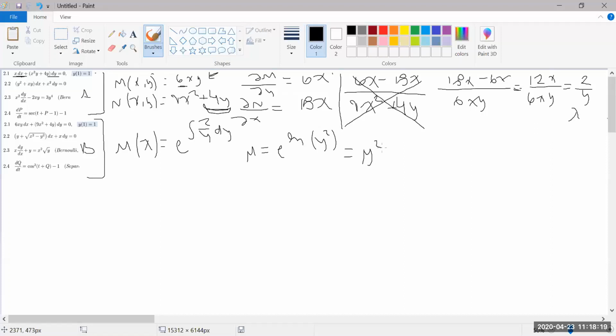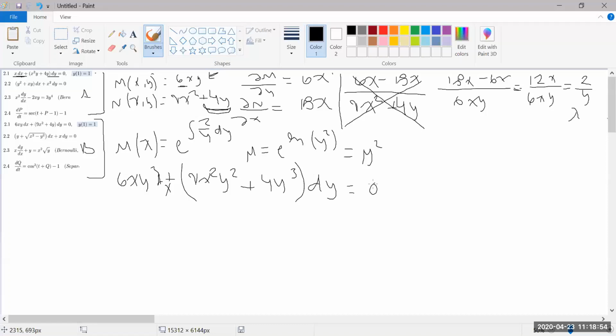So now we're going to multiply through the whole equation to get a new M and a new N that we can solve with. We get 6xy cubed dx plus 9x squared y squared plus 4y cubed dy, still equal to 0.